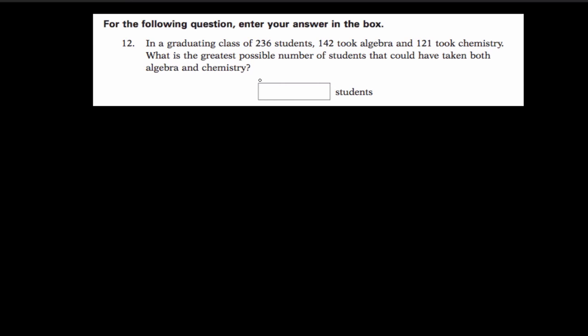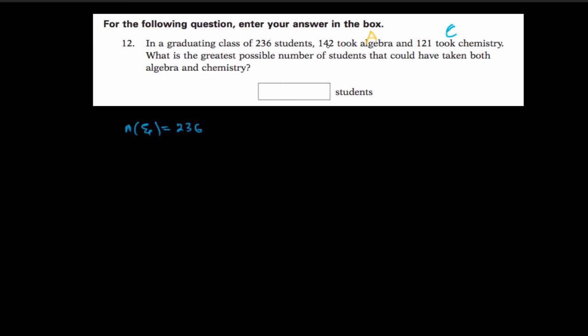Alright, now in this question, I'm going to let A represent the algebra students, and I'm going to let C represent the chemistry students. From the information we are given, in a graduating class of 236 students implies that the cardinality of the universal set is 236.